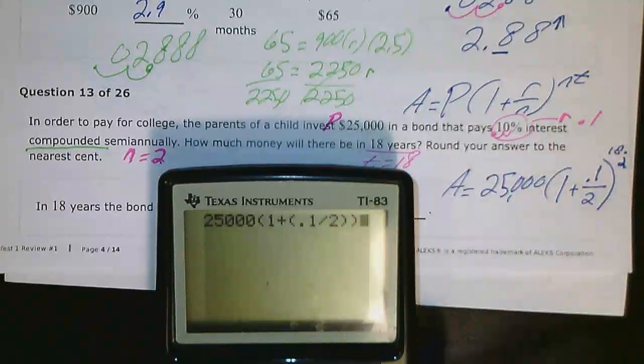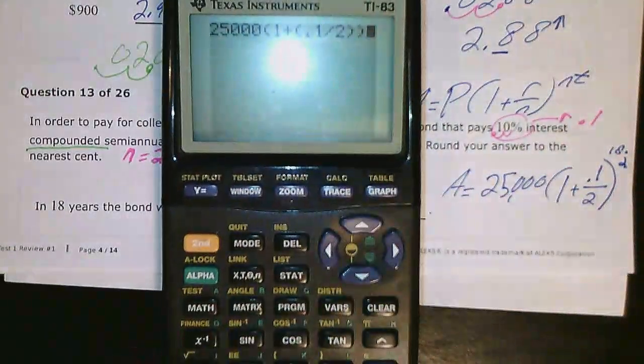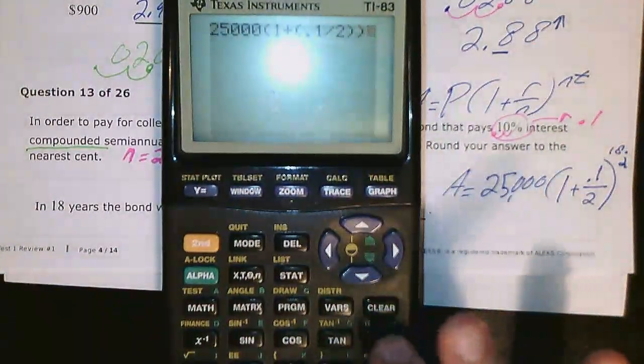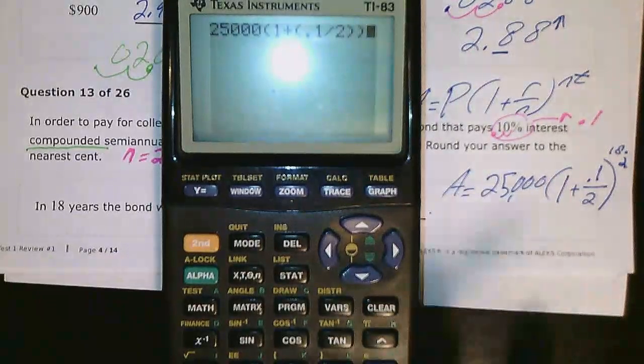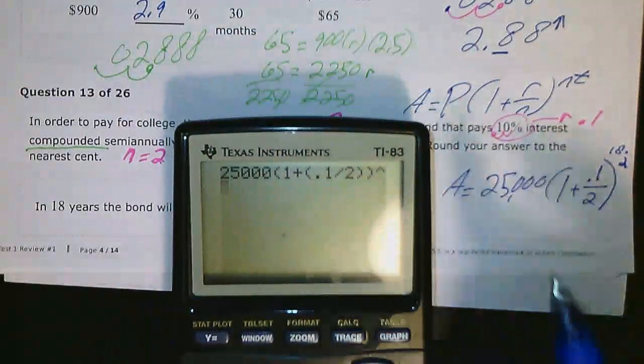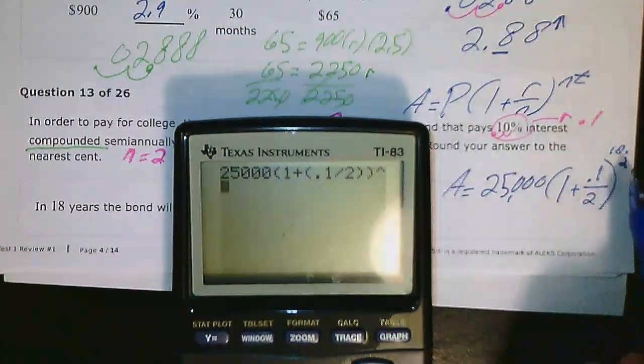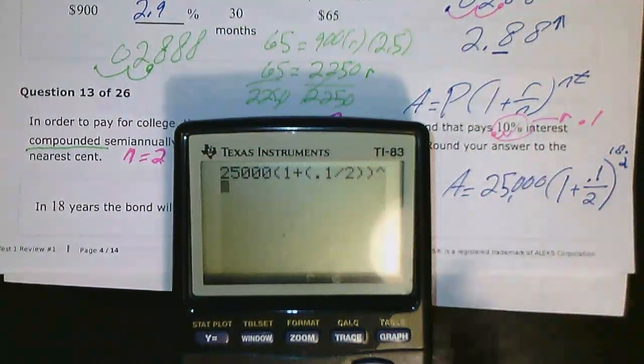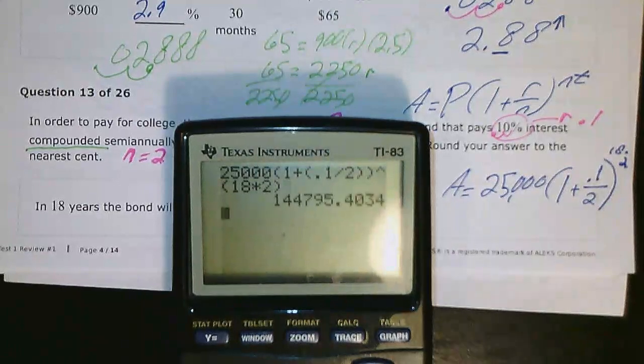Raised to the power. To raise to any power, we use this arrow button right there. And so we are raising to the power of 18 times 2, and I'm going to put that in parentheses. In an 84, you don't have to do that. And there we have it.